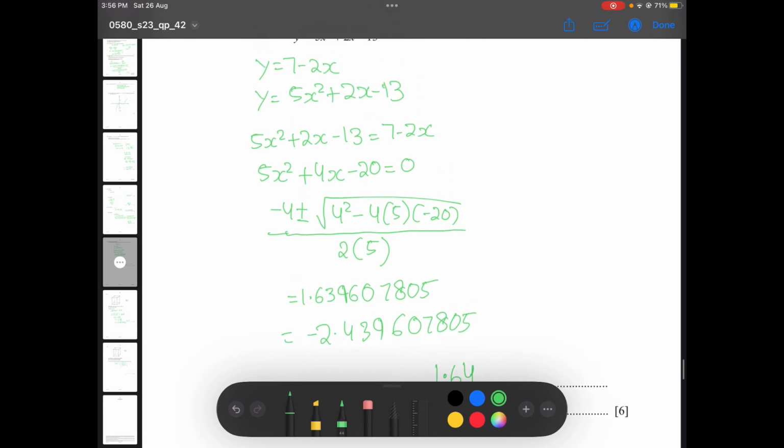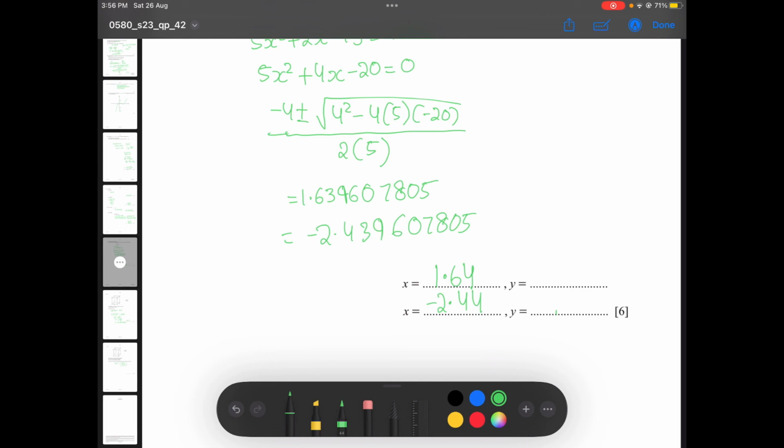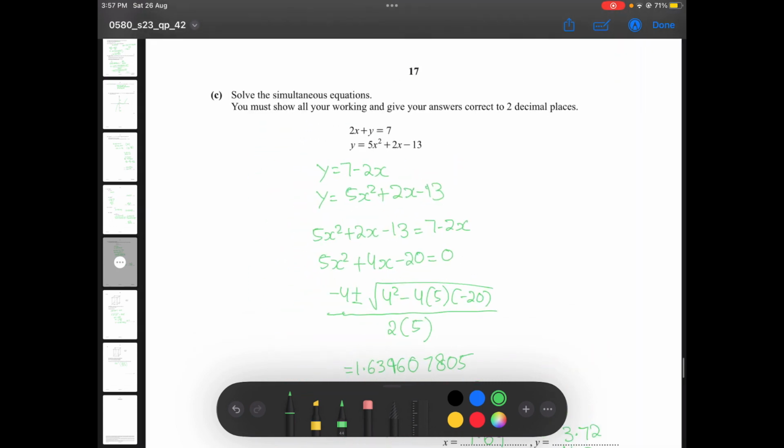Now from these we determine the y values. y is basically 7 minus 2x, so 7 minus 2 times 1.6396078005 gives 3.72, and another value is with negative 2.4396078005, which gives 11.88. All answers are to be 2 decimal places.